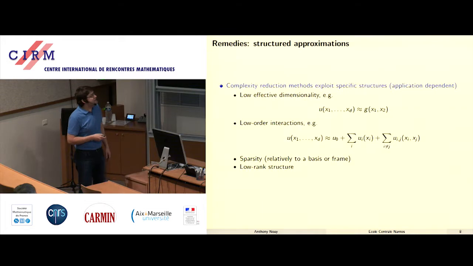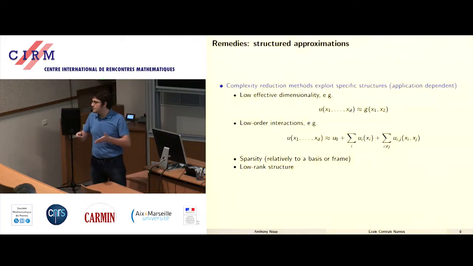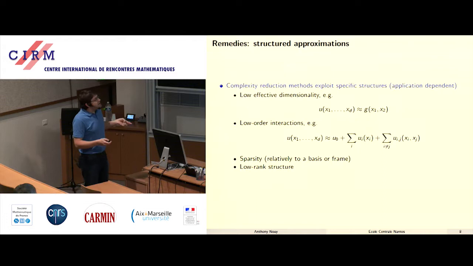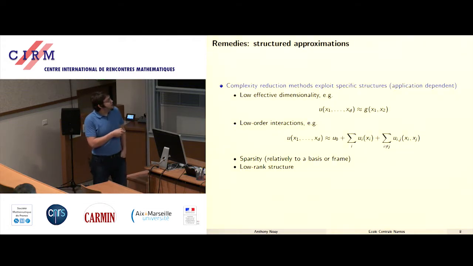So the remedy for this is to use structured approximation, and it's quite well known in different communities, like in statistical learning, that you have to try to find structure in your function in order to break the curse of dimensionality. There are different structures that you can exploit and that are exploited in practice, like low effective dimensionality, where your function seems to depend on many variables, but in practice it depends on only several ones.